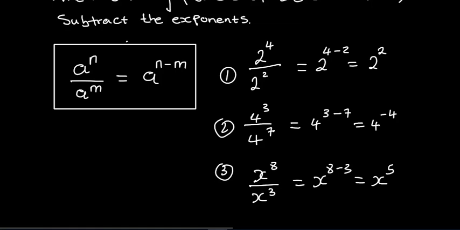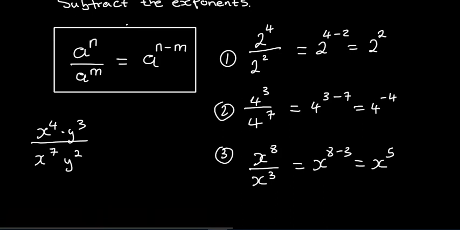Okay, so you might even have more numbers involved. So for example, you might have x exponent of 4 times y exponent of 3 divided by x to the exponent of 7, all right, and then y to the exponent of 2. Right, this will mean that you handle them separately. So in this case, you have two bases, so you're going to write those two bases.